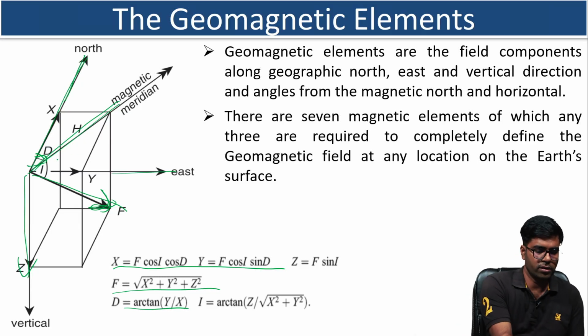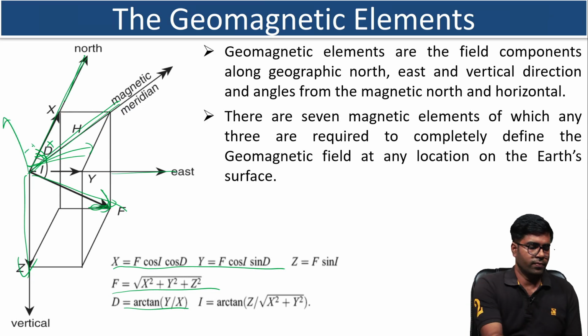If the field is dipping inwards or downwards, we take it as positive. If we are measuring an angle towards the east side, we take it as positive. For suppose for declination, if this angle is towards the east side, this angle is positive. If we are measuring the angle towards the west side, this would be negative D.